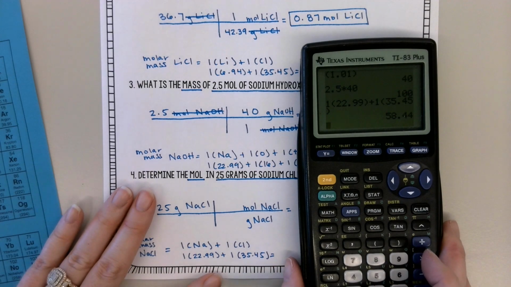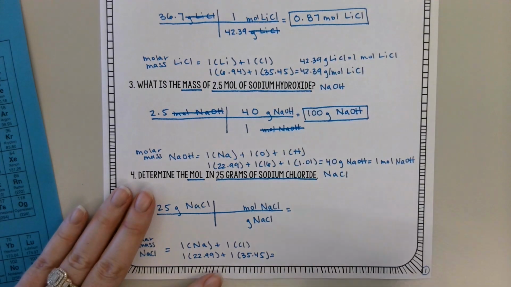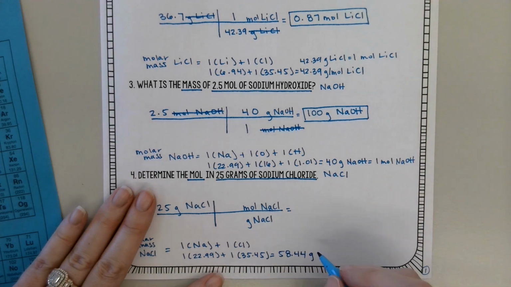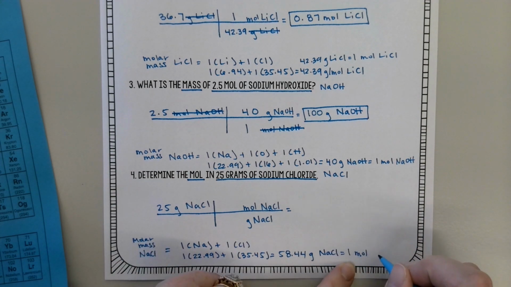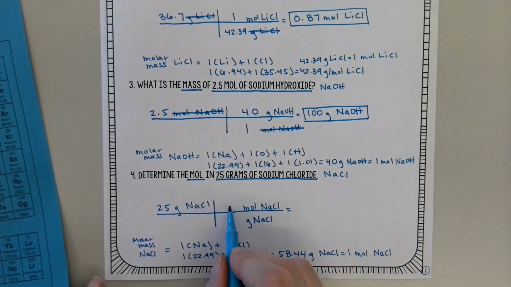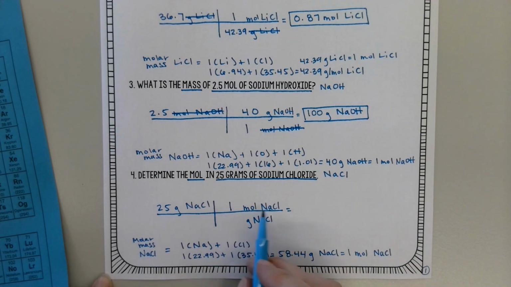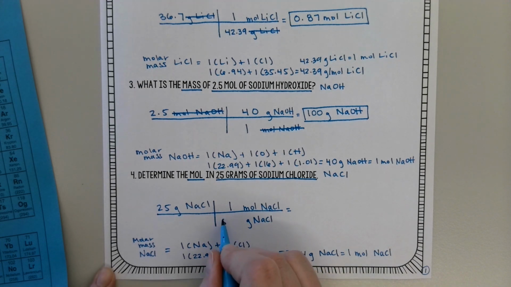And I'm getting 58.44 grams of sodium chloride per 1 mole of sodium chloride. So we're going to have the 1 mole of sodium chloride on top, and then we're going to have the 58.44 grams of sodium chloride on the bottom.